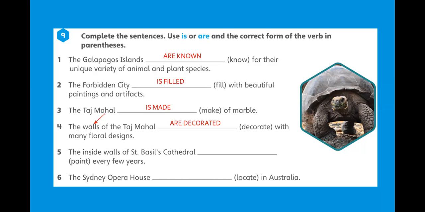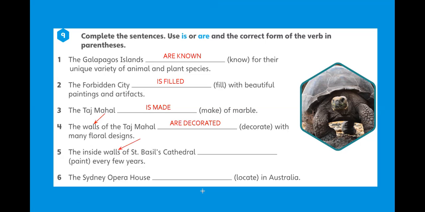Number five, the inside walls of St. Basil's Cathedral, blank, every few years. Again, this is something that is trying to confuse us, trying to draw our attention away from the true subject, but we know that the true subject is the walls. We're talking about the walls. Inside is extra information. It is a characteristic of the walls.